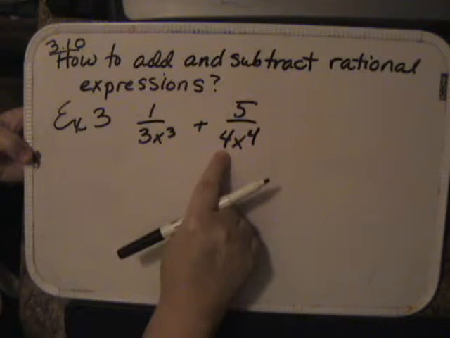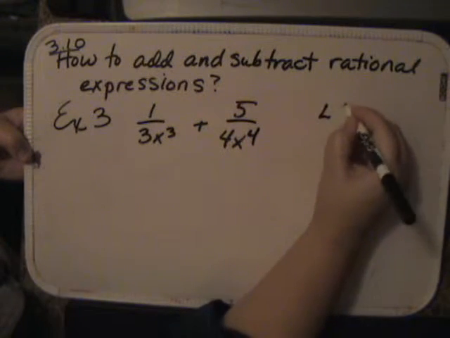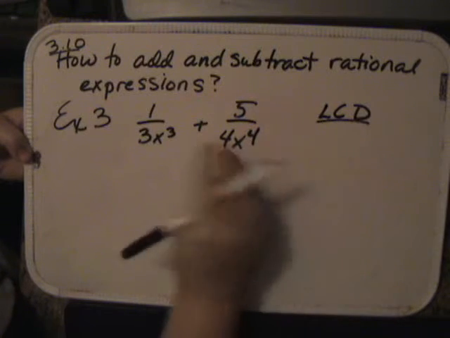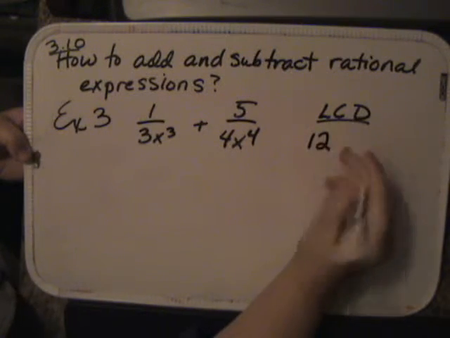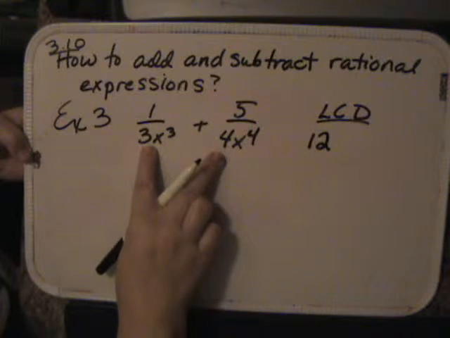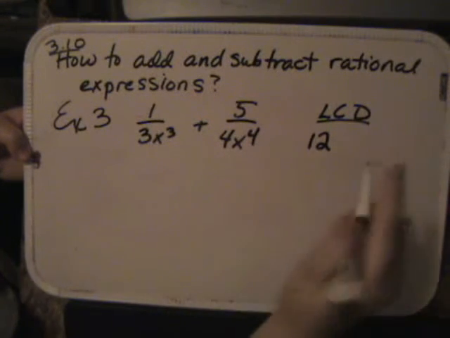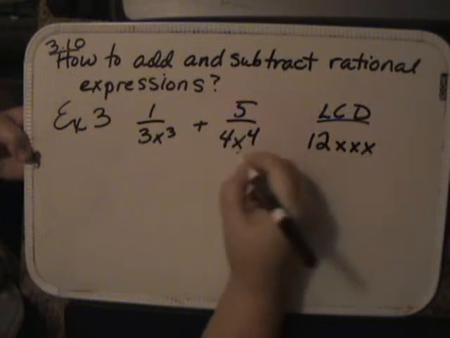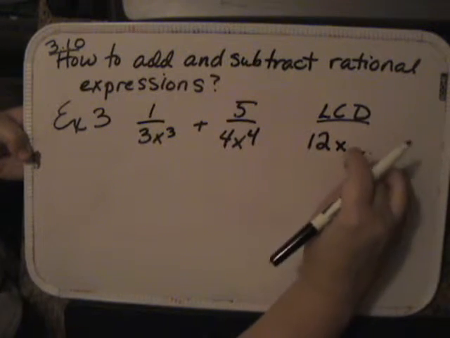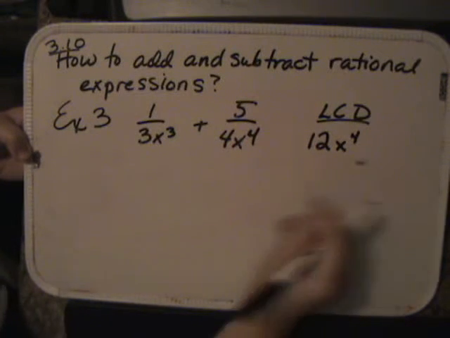These do not have the same denominator, so first we need to find the LCD. For the 3 and the 4, we have to multiply because they have no common factors. The x cubed and the x fourth have 3 x's that are common and then 1 that is unique, so we're going to end up with x to the 4th.